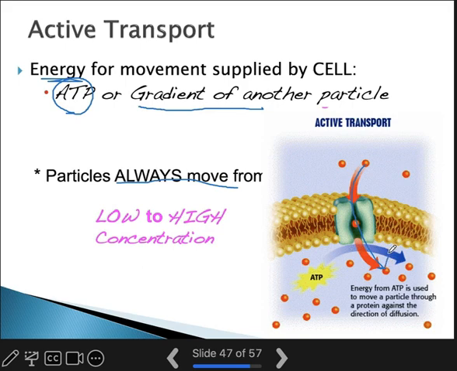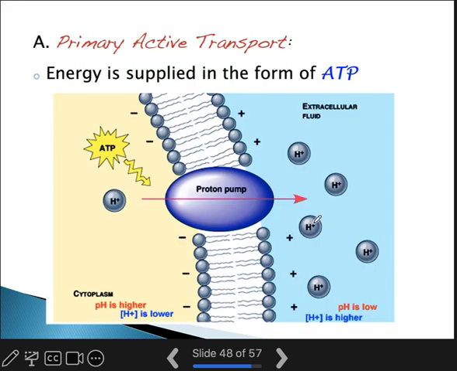Okay, so when the transport requires ATP, we refer to this as primary active transport. Primary active transport means the energy is supplied by ATP. So that's a primary active channel. In this case, we're moving hydrogen ions. Even though hydrogen is only one atom, technically even just one proton, it's significantly charged, and so it will not be able to diffuse directly through the membrane.